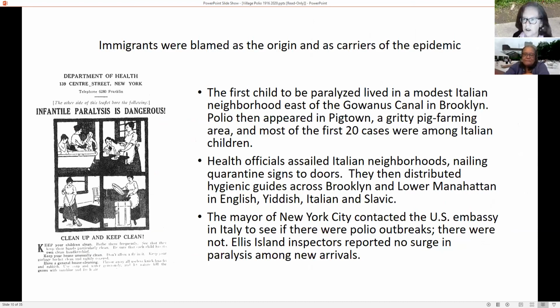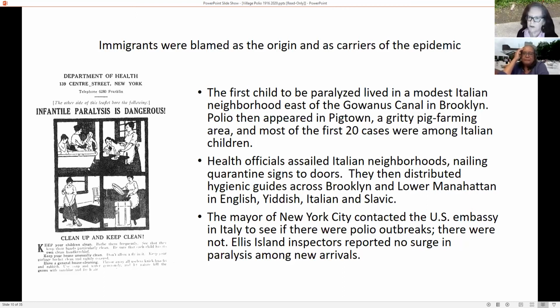The first child identified to have polio paralysis lived in an Italian neighborhood in Brooklyn, and then there was an outbreak amongst Italian families not far from there. Health officials immediately went to Italian neighborhoods, nailing quarantine signs on the doors, and then they developed a whole series of pamphlets.